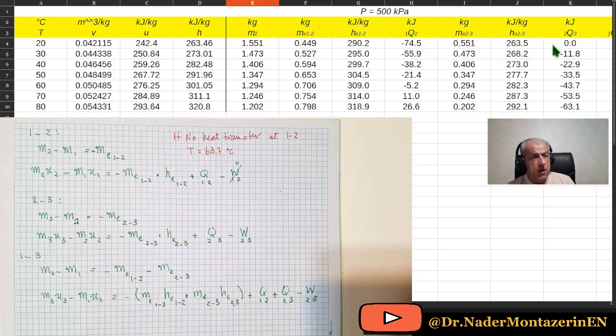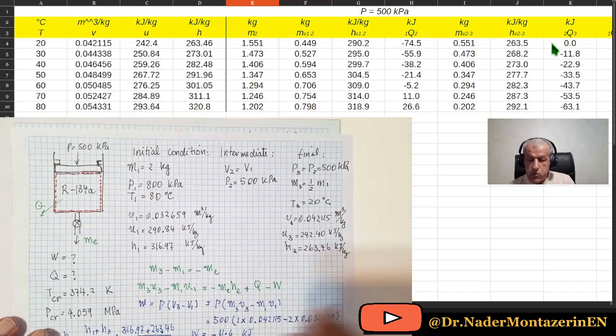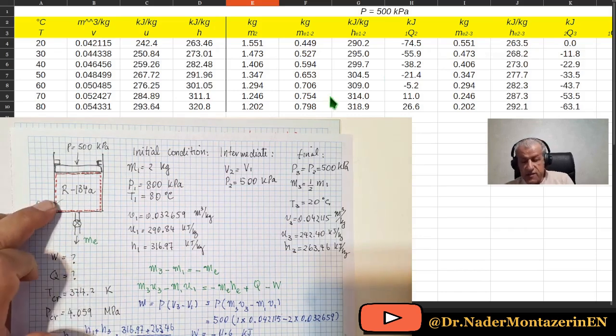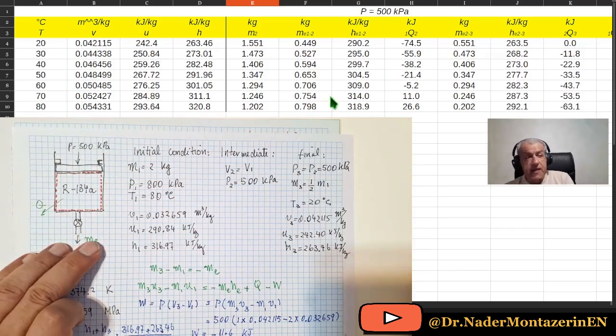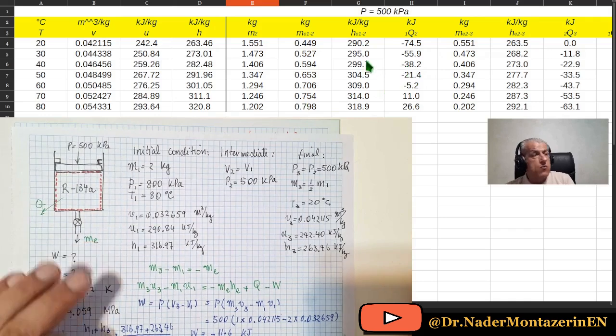So there is a balance, in fact, in this problem between how open the valve is and how much heat transfer happens during each of these two processes. And with this balance, it's possible to have different heat transfers, and the sum of mass transfer would be one anyway.